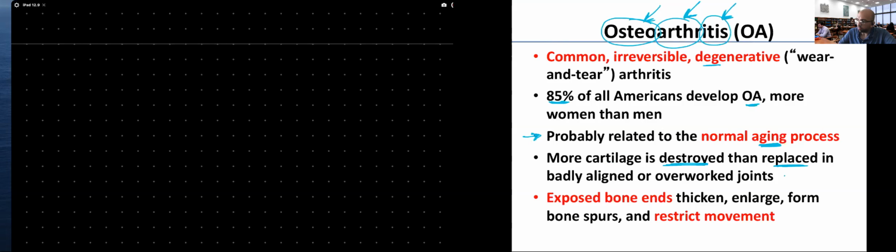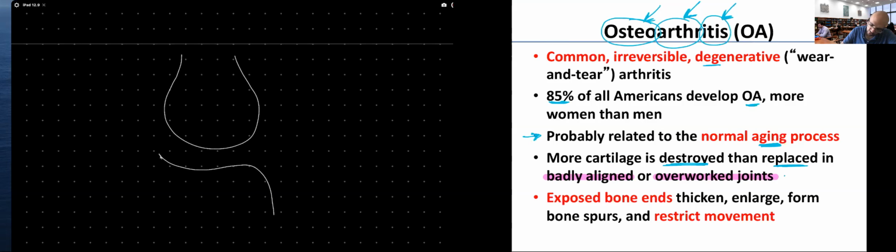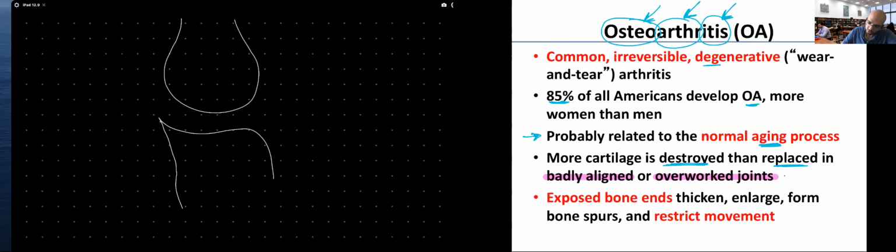Most likely it will affect badly aligned joints or overworked joints. Whenever I have an increase in the destruction of the cartilage covering the articular surface. So let's see this as an example here. This is my knee.